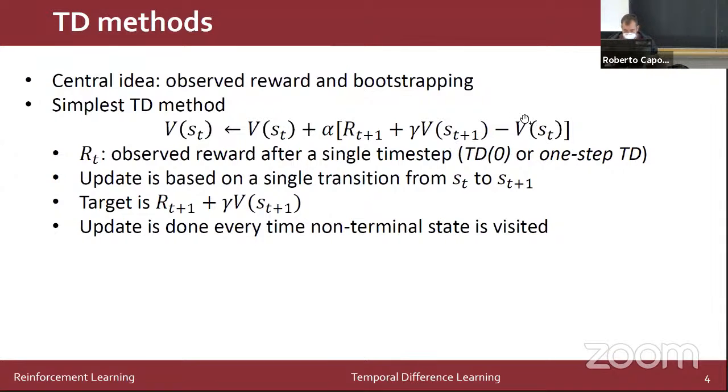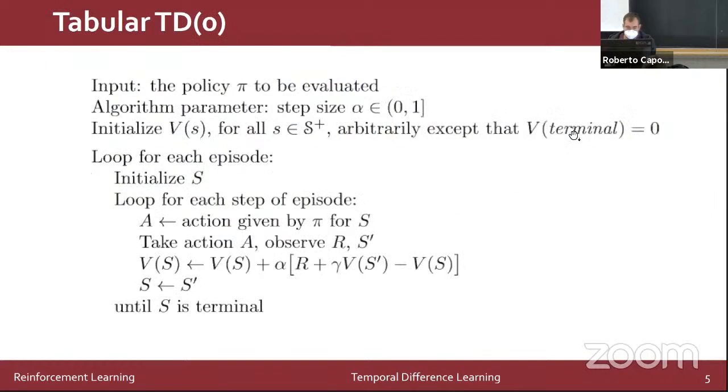This is the overall update rule. We say this is like an error, and we are moving in the direction that reduces this error, similarly to what you would do with gradient descent. Specifically, in the case of temporal difference, this is called the temporal difference error, so the TD error.